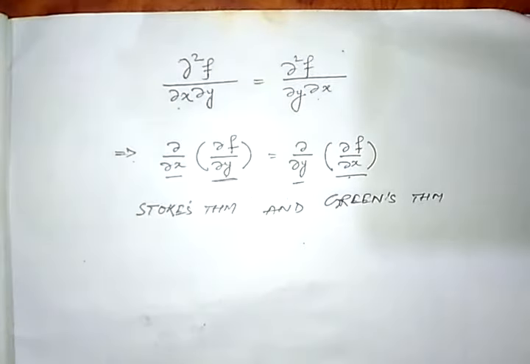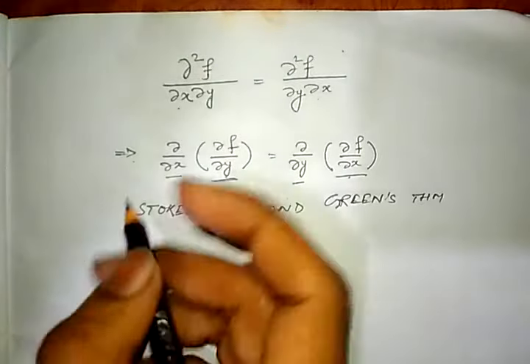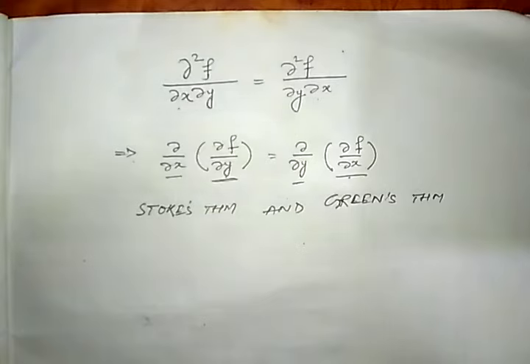Let me first explain what Stokes theorem is to you guys. Stokes theorem connects the curl of a vector and surface integral to the line integral of the vector, okay?